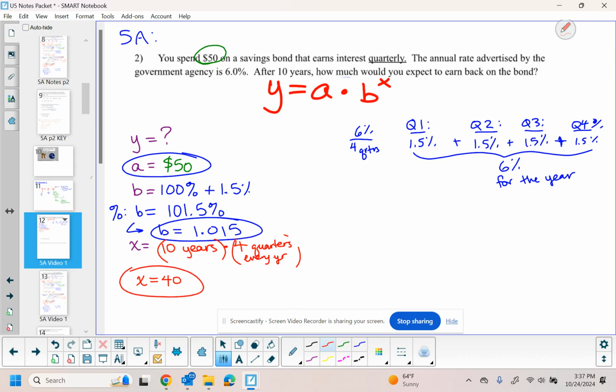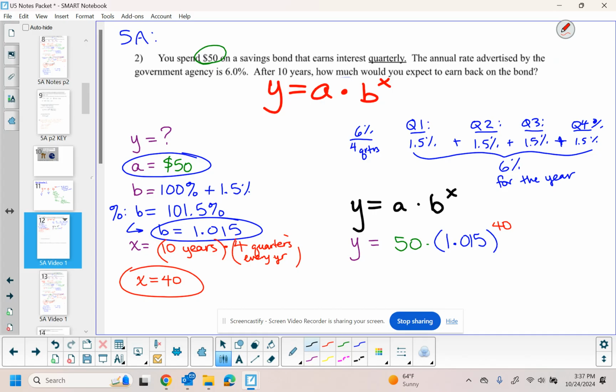Now I'm going to take this equation of Y equals A times B to the X, and I'm going to put in the parts. I don't know what Y is, but I know that A is 50, and I know that B is 1.015. And then I know that it's being calculated 40 times at that percentage.